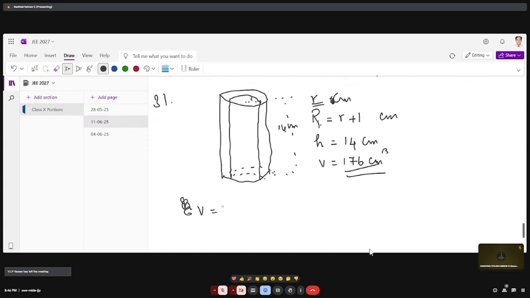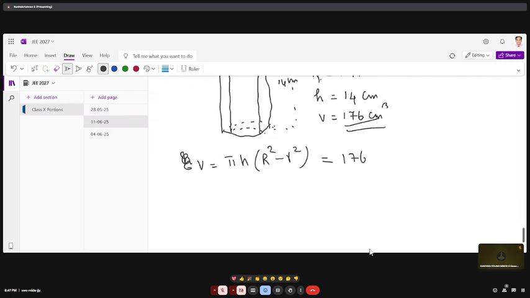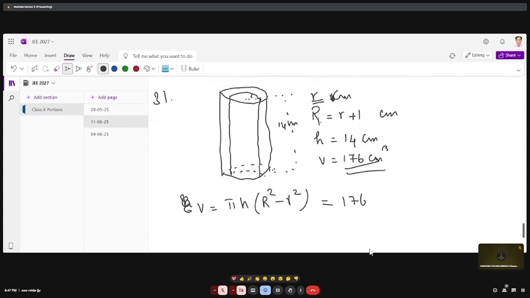So V equals pi h, which will be common, times (R square minus r square). This is given as 176, and h is given as 14. So we can write this as 14 pi times ((r plus 1) whole square minus r square).